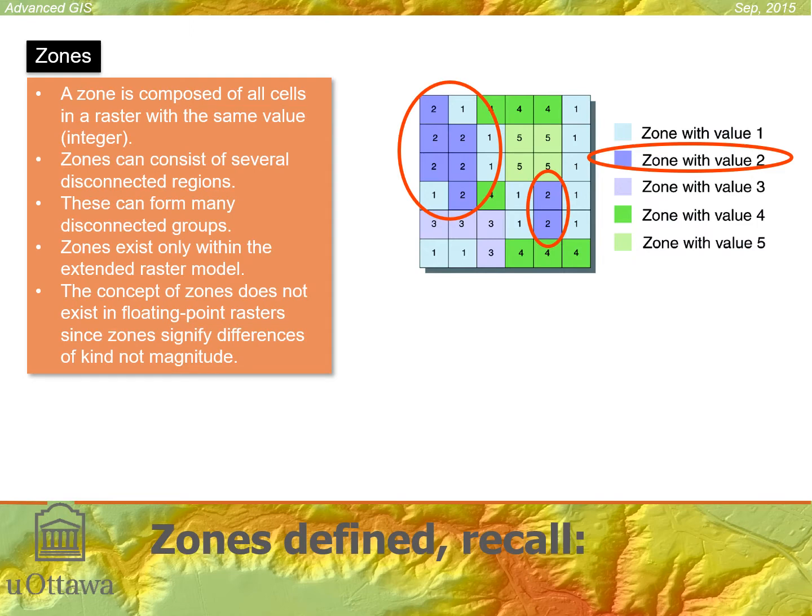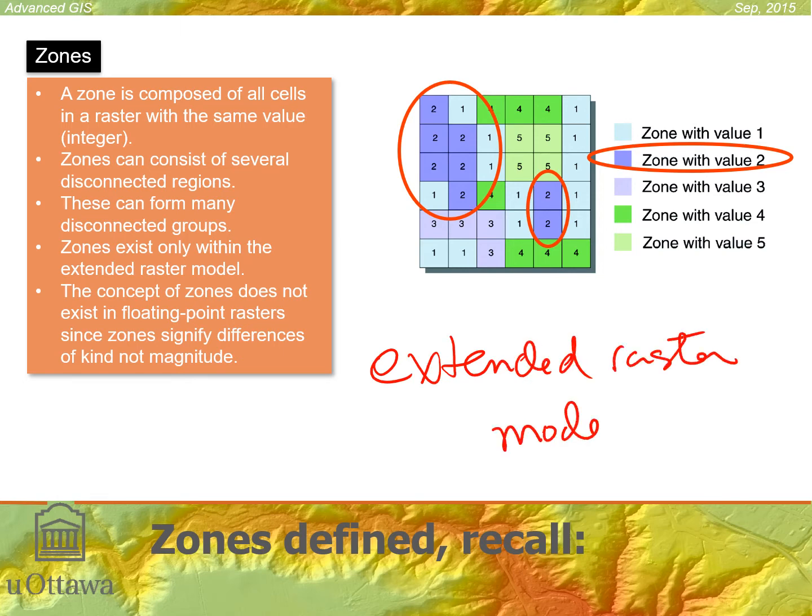Just recall from lecture 1 that the extended raster model has the concept of zones. They only exist in integer level grids and theoretically only exist as a concept in categorical levels of measurement, so categorical rasters.